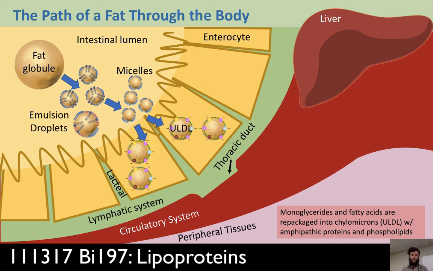Yeah, Damon. Like when you have your emulsion droplet, what? The action of lipase. Yeah, lipase is associated with the emulsion droplets and hydrolyzes the triglycerides into free fatty acids.